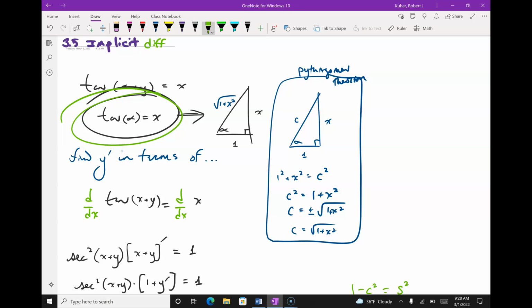So this is tangent of an angle, which gives me a ratio. I have to be careful: ln of x does not equal ln times x. ln is a function. Cos of x does not equal cos times x. You're not multiplying them. It's a machine, and it's telling you what the input is.